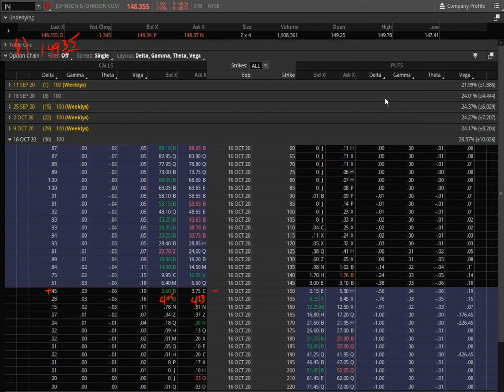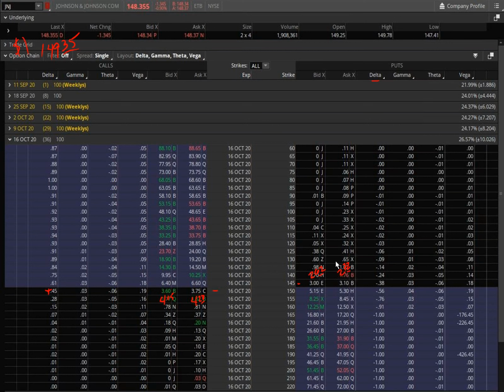Now if we look over here at the corresponding puts, I'm just going to look at the 145 ones to make things easier. These would decrease. You can see there's a negative delta there. So if the market moves higher by $1, that first dollar move higher, these 145 puts would decrease by the corresponding delta. So we would be looking at $2.62 on the bid, and these would be $2.72 on the offer.